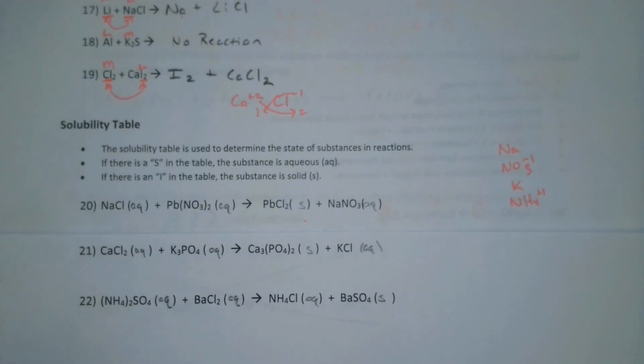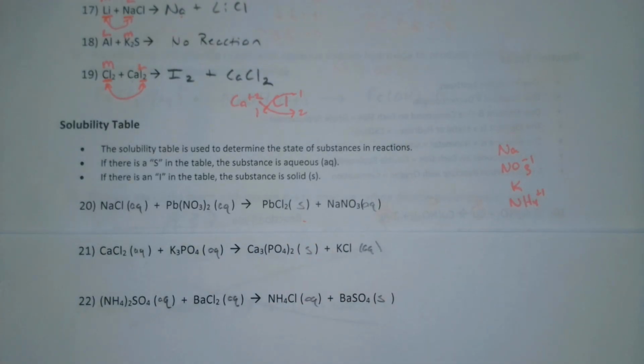And again, generally speaking, you can count on both of these being AQs because if they weren't, they probably wouldn't react with each other. Typically, there's only one solid on this side. So if you're in a situation like this where you've already determined that that's got potassium in it, so that has to be an AQ, well, this must be your solid. And that's the way it works 99% of the time.